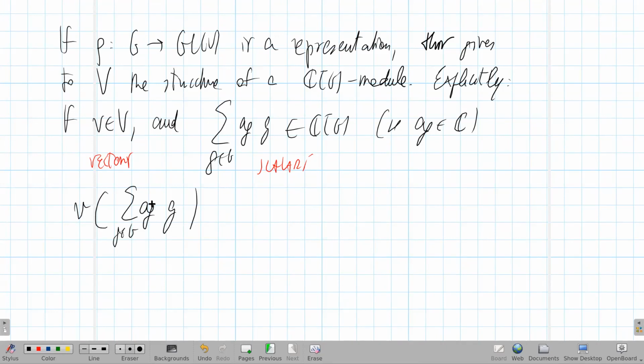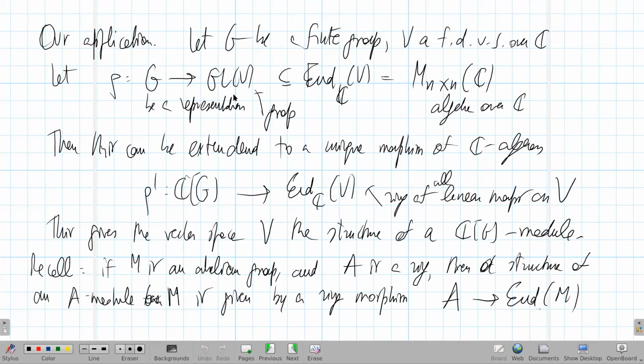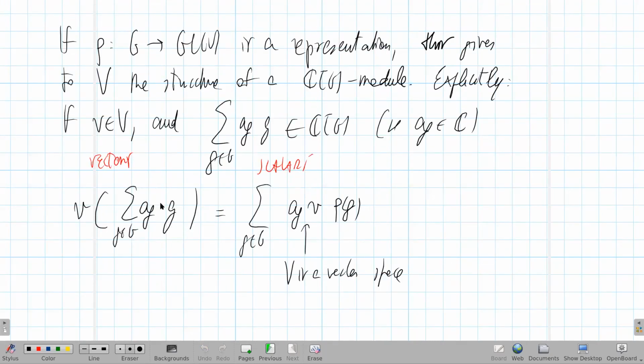For the scalars, the elements of C, you know what they do, because this is simply the vector space product. V is a vector space. And then how does G act? Well, G acts via rho of G. I'll be back to this, because I start with a representation. Here I'm forced to say what G does to v. Well, it does what rho of G does, because rho of G, remember, is an element of GL(V), so it does something to v.